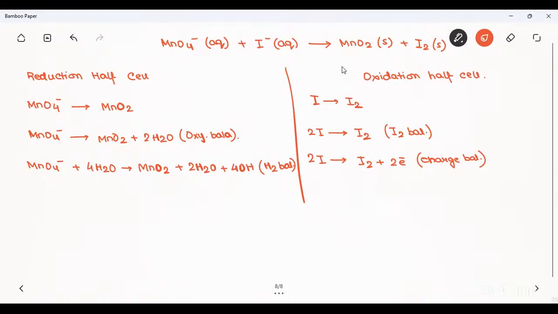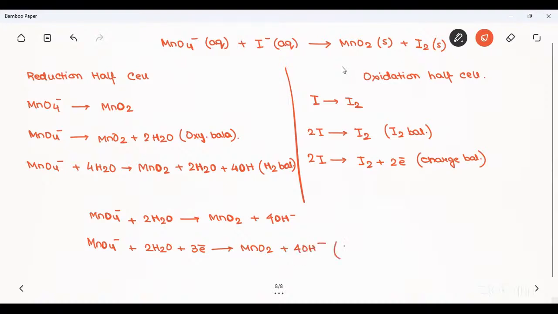That is MnO4 minus plus 2H2O plus 3 electrons, producing MnO2 plus 4OH minus.